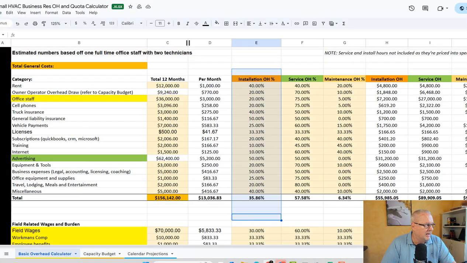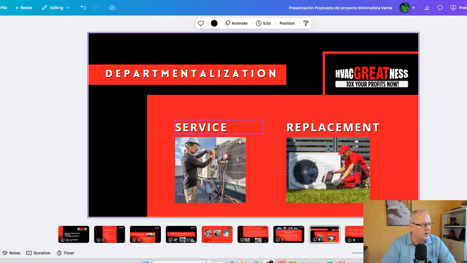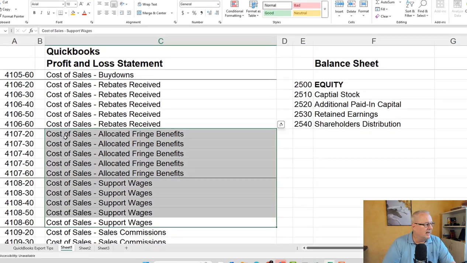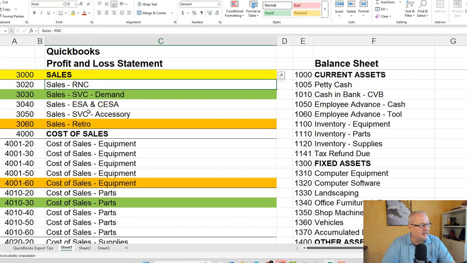Okay, so going back over to our little overview here, we've got two basic departments. Obviously, there's more. In fact, let me go ahead and define those for you. So I've got RNC, which is residential new construction, if you do that. The green one here, we've got service, demand service, that's your repairs. ESAs and CESAs are energy savings agreements, or commercial energy agreements. Those are your maintenance agreements, okay?